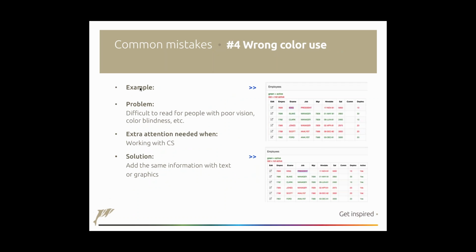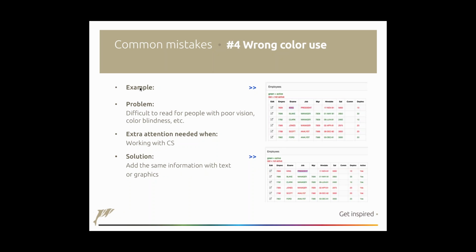Another thing, which I see myself do quite often, is presenting colors to show some information. For people who are colorblind or have poor sight, those people cannot use colors to interpret information. So every time you want to expose information with a color, you also have to do it with another thing like a text or an icon.